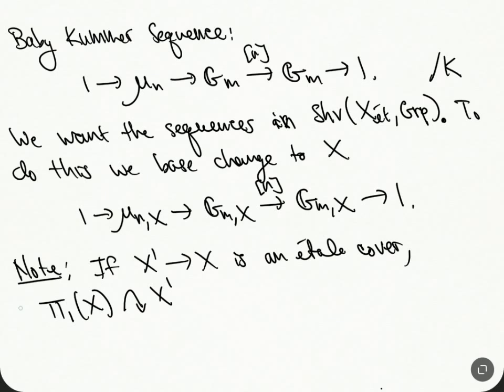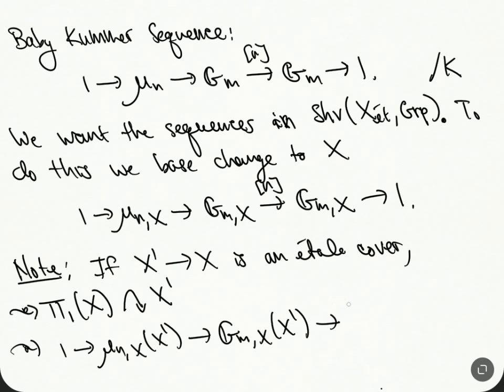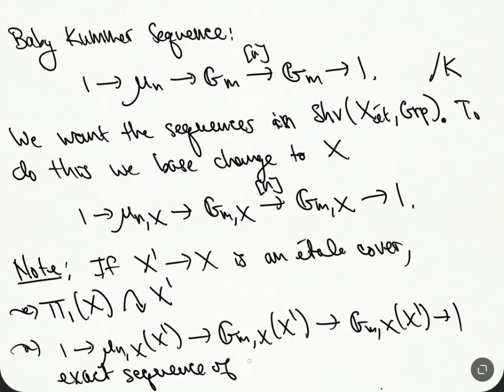Hence this gives us an exact sequence 1 to mu n of X prime to G m of X prime, G m of X prime like so. So this is an exact sequence of pi1 modules.